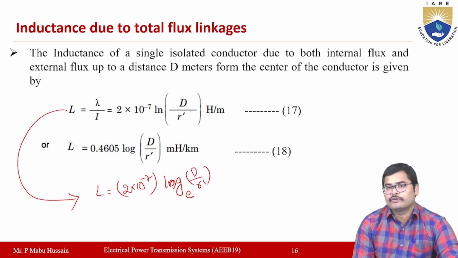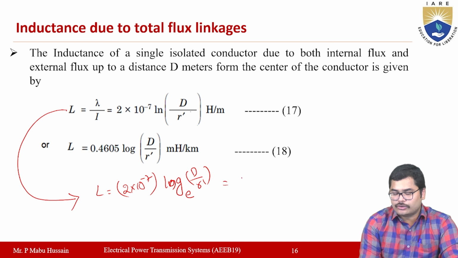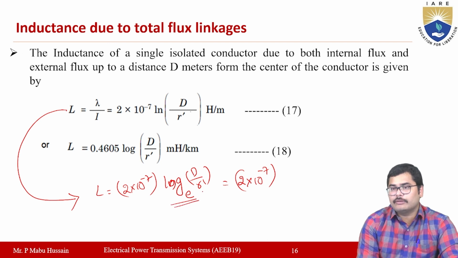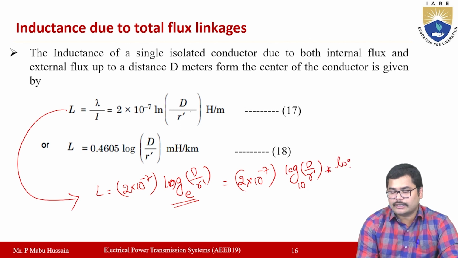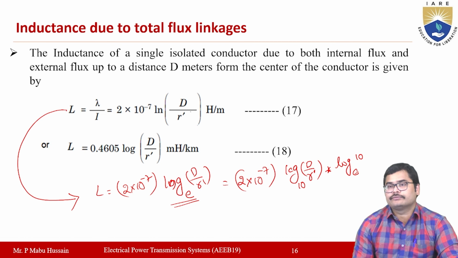So this ln d by r dash to the base e, you can write as log d by r dash to the base 10 multiplied by log 10 to the base e.